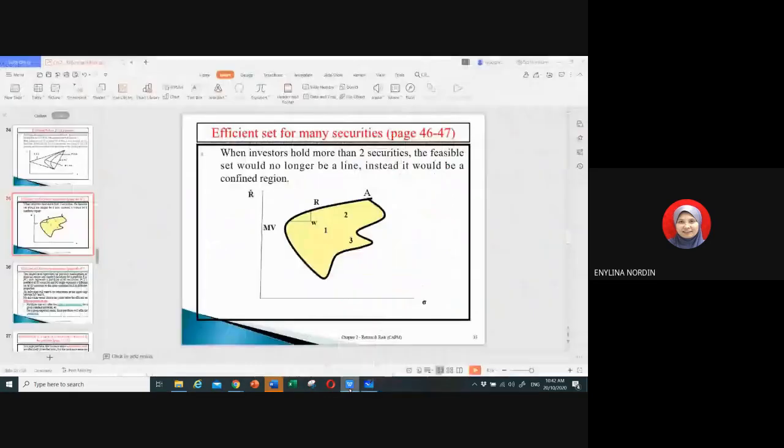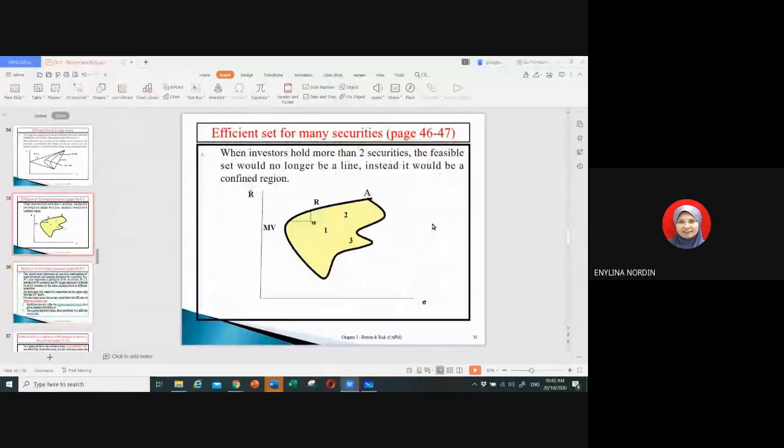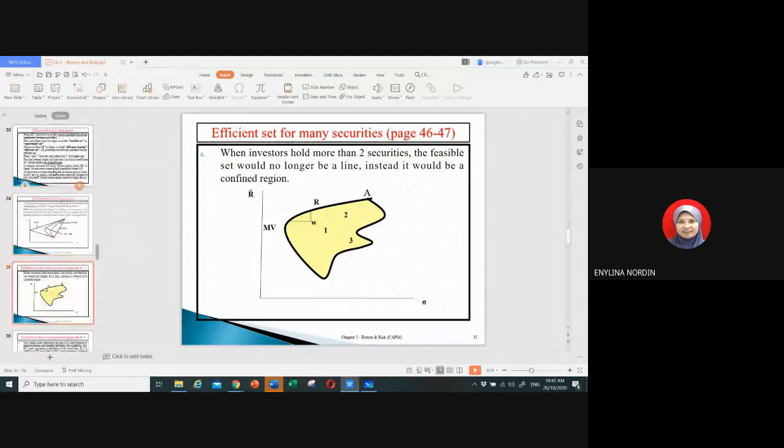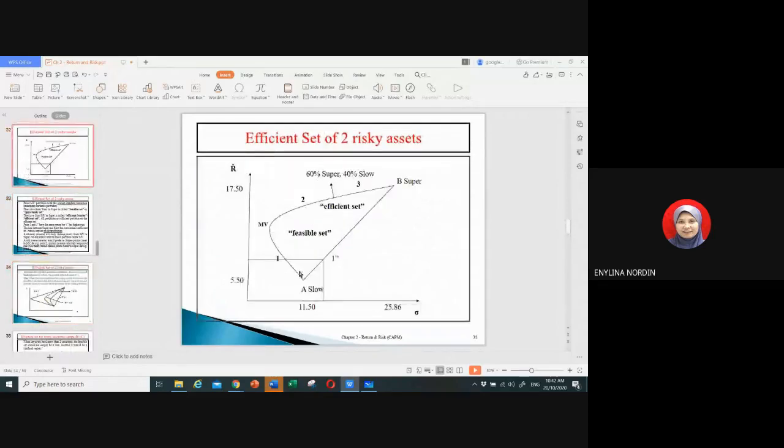Now, what happens if you hold more than two stocks? The efficient set is still the same, but the opportunity set is different, because it is a confined region, compared to the two-stock case. For two stocks, it is a curve starting from here to here.